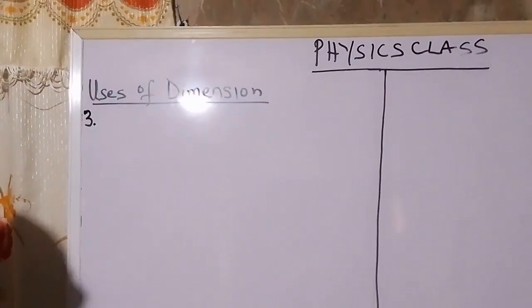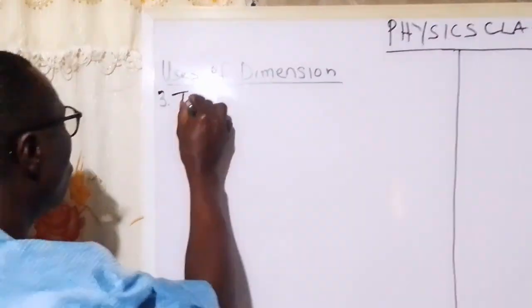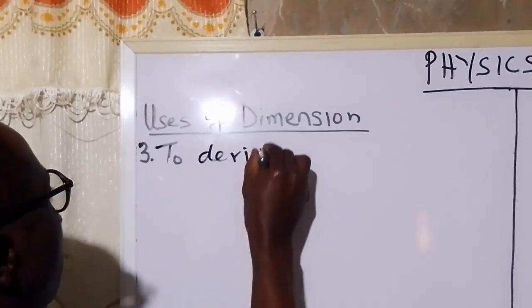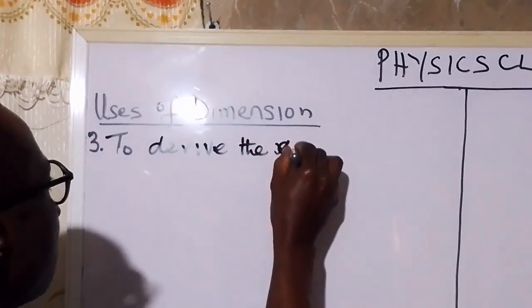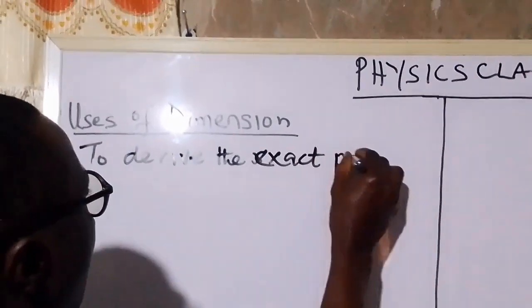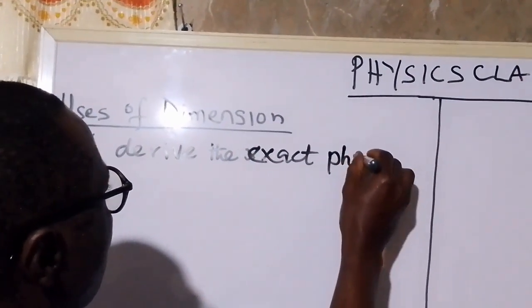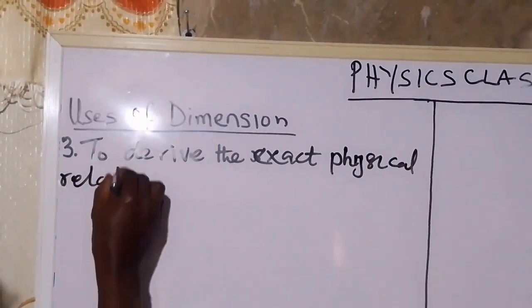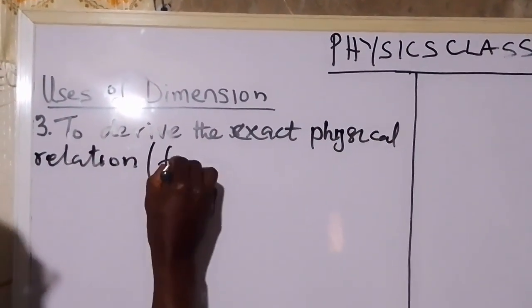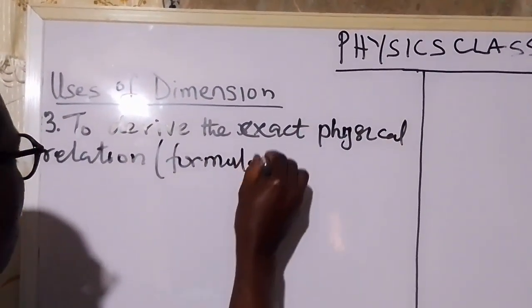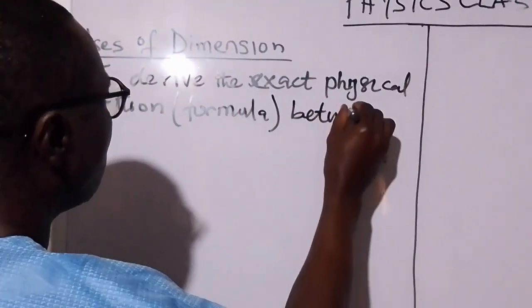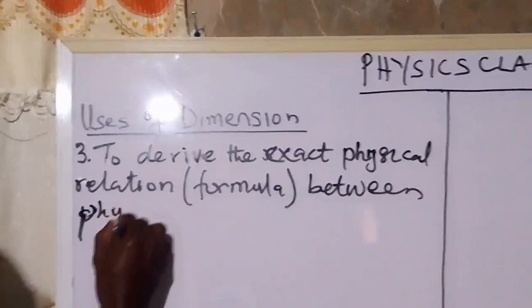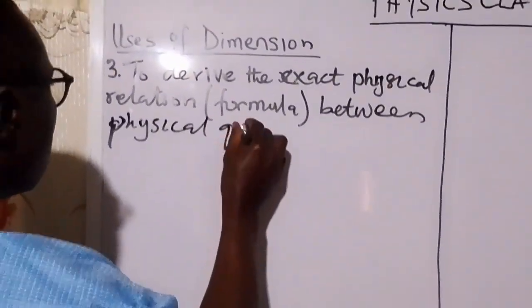Number 3 is to derive the exact physical relation or formula between physical quantities.